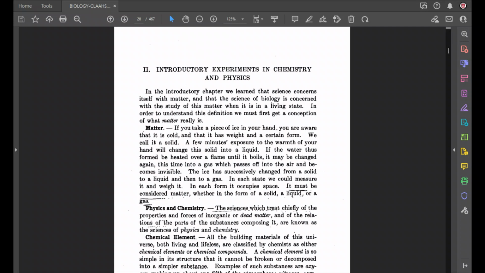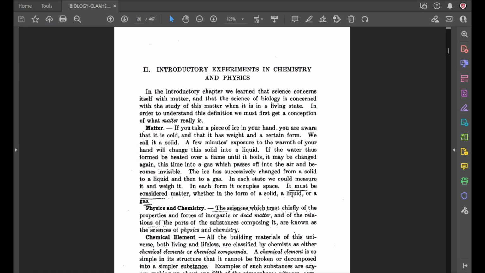We don't think about this scientifically, but you can turn a solid piece of ice into invisible air by heating it. And everything that was present is still present, but it's changed its state. The ice is successively changed from a solid into a liquid and then into a gas.